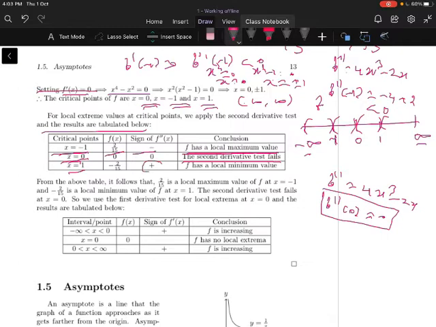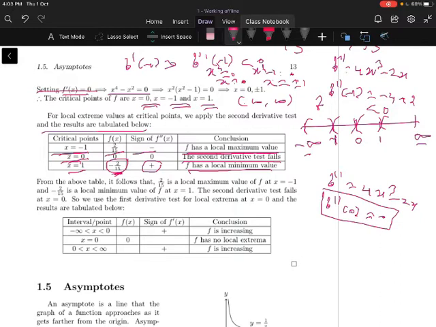Now let us check at x equal to 1. So what is f double dash? F double dash of x is positive at x equal to plus 1. Therefore f has a local minimum value at x equal to 1. So the minimum value is minus 2 by 15. How do you get this value? Substitute x equal to 1 in the given function. We will have minus 2 by 15.